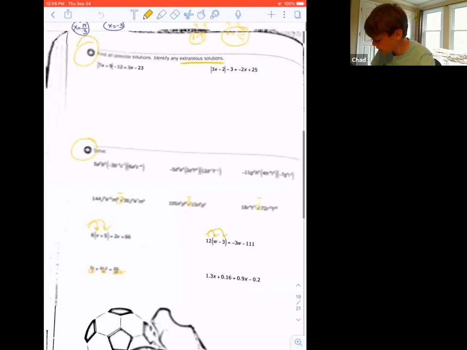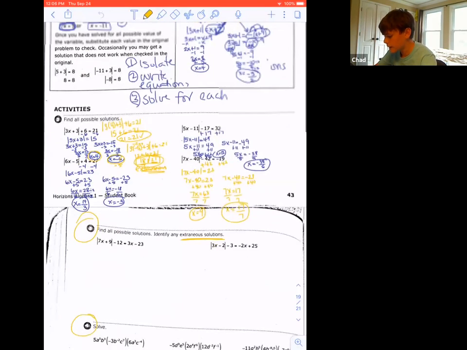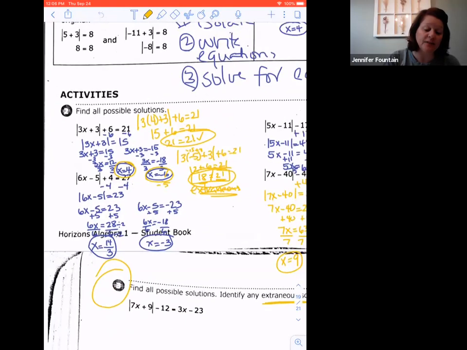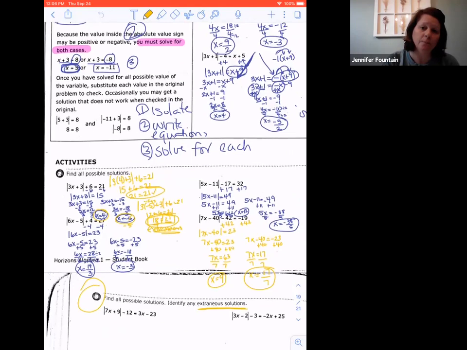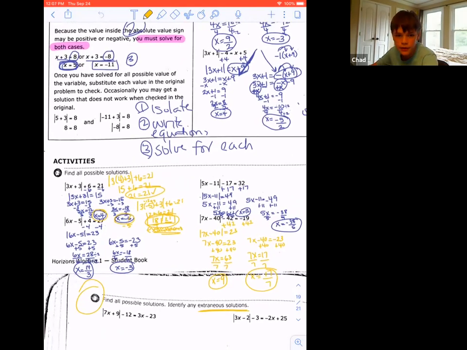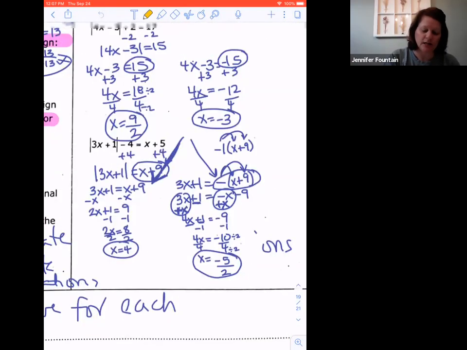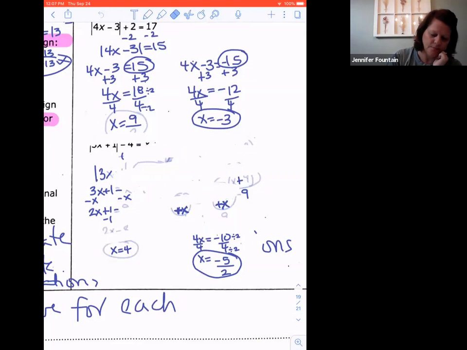I'm kind of having trouble with those kind of problems after the absolute value part. Okay, so you're talking about in activities 2, or where are you? I'm talking about in classwork 1. Classwork 1, okay. So the very last one? Yes. Okay, I'm going to go ahead and erase all my work for that one and we're going to work through it again.